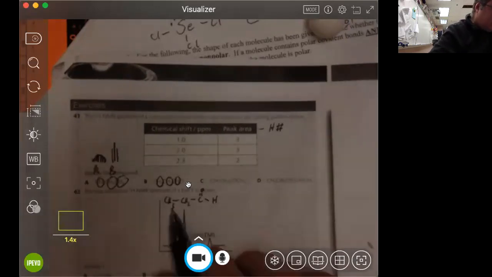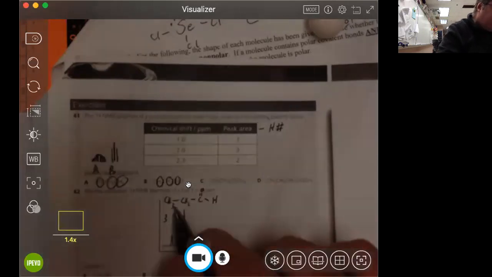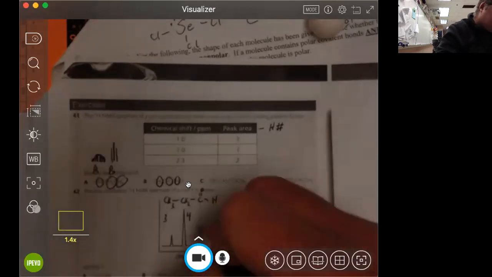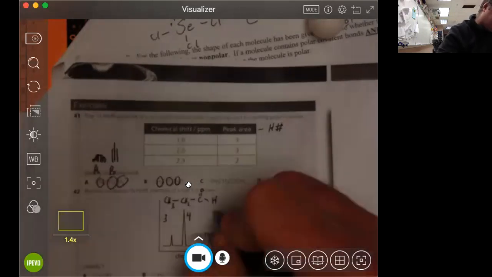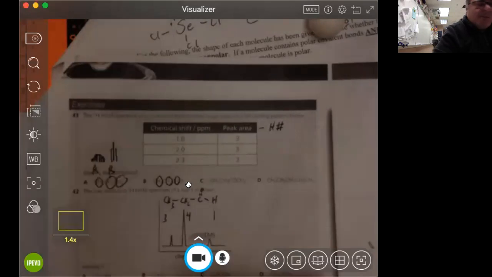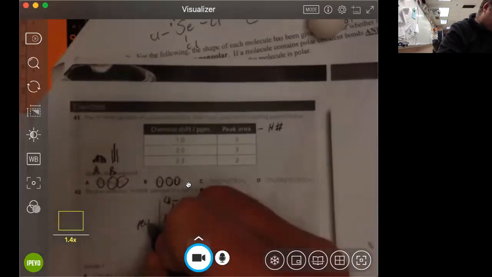This one we would see 3 peaks. This one we would see 4 peaks. And this one we would see 1 peak. So can't be that one either.